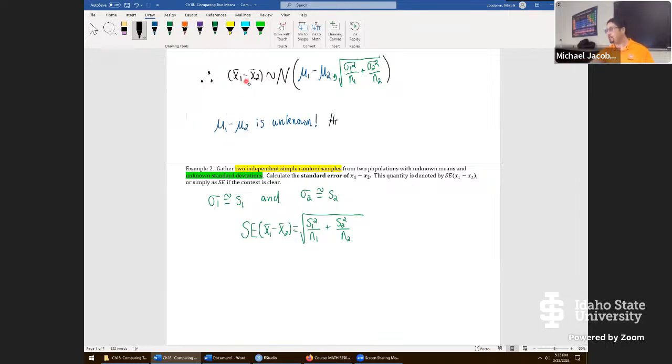Let's say, however, x bar 1 minus x bar 2 is approximately equal to mu1 minus mu2. So once we calculate summary statistics from the data, then we have a reasonable idea of what this quantity is going to be.